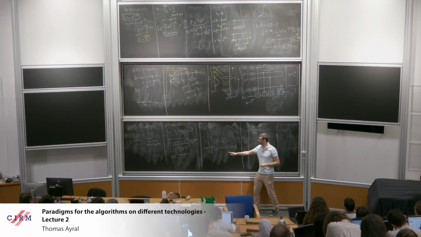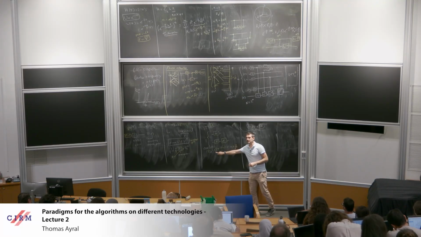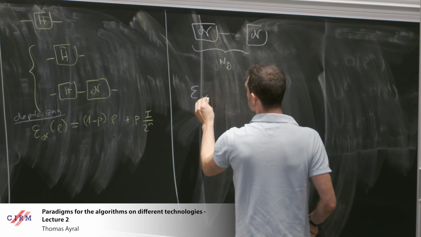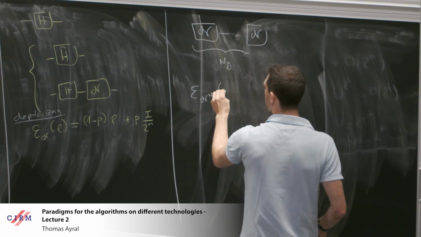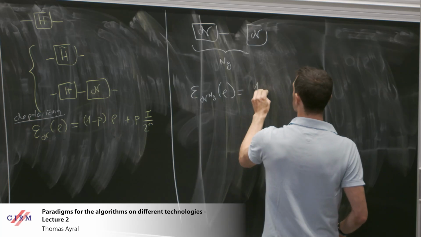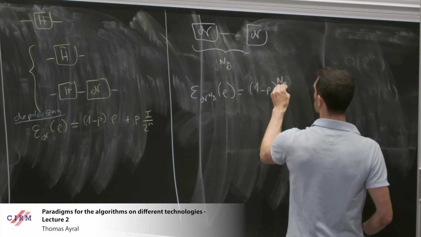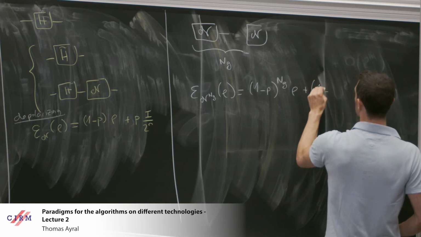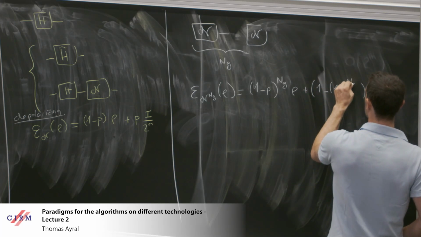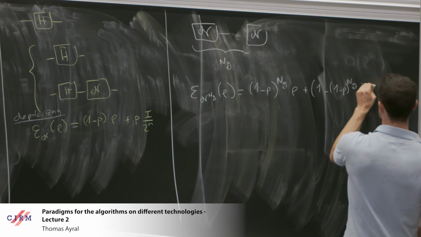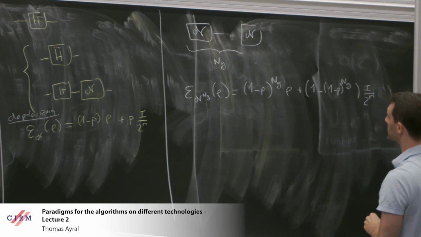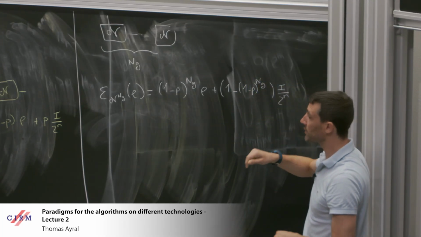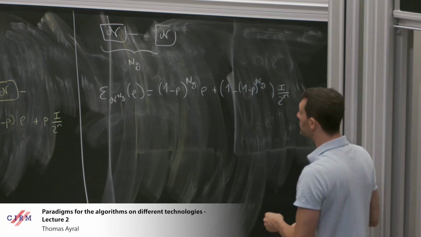So essentially, if you apply this map N_G times, N_G is the number of gates, it's easy to show that epsilon_n to the power N_G of rho is going to be (1 minus p) to the power N_G times rho plus essentially the rest, so 1 minus (1 minus p) to the power N_G times identity over 2 to the n. So here I just did it by recursion, so you can show this easily. So if you do a lot of these noise channels, you'll see such a result.